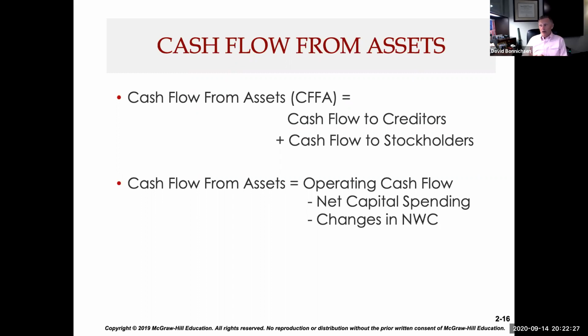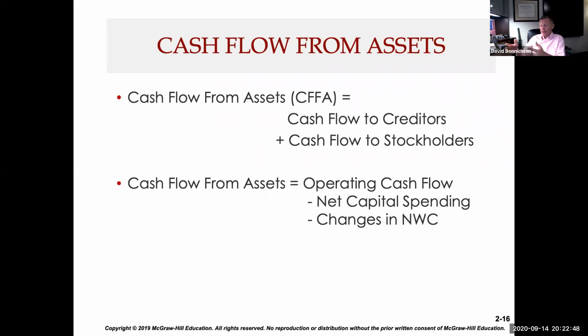Conversely, if we look at it from an operations standpoint, we can see it as what our operating cash flow is, minus how much money we spent for new fixed assets in any given year, right? Minus what it cost to run our business differentially year over year.